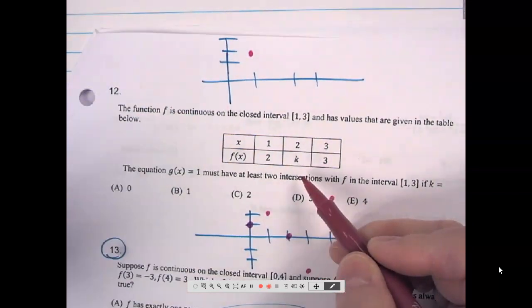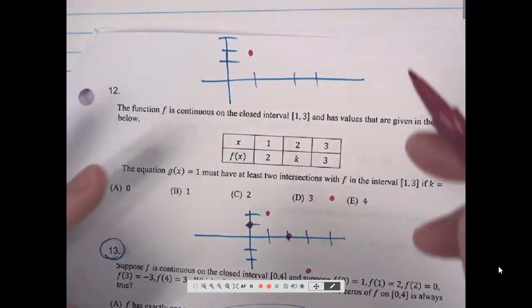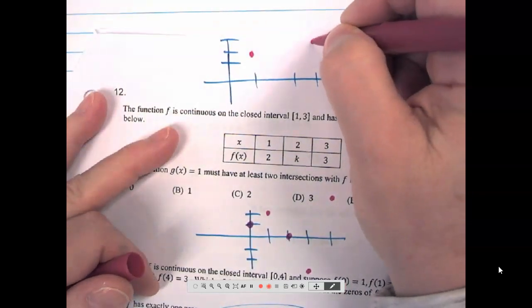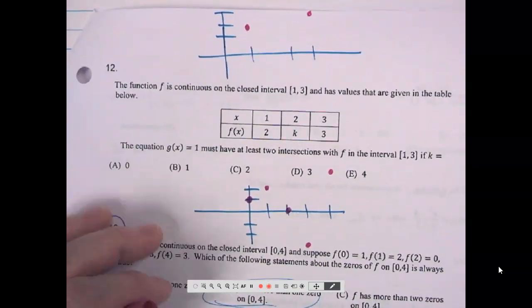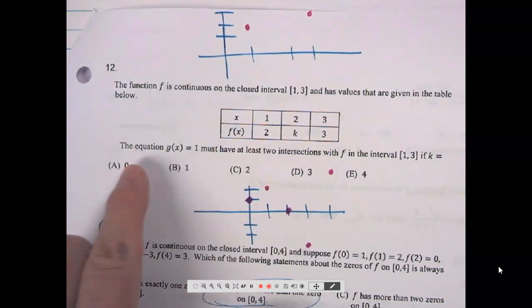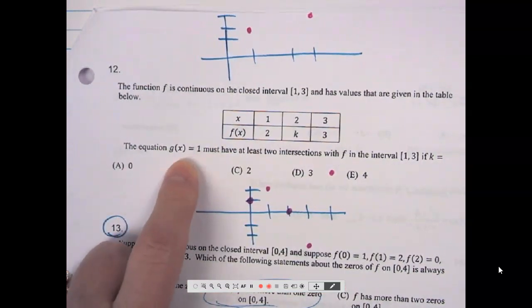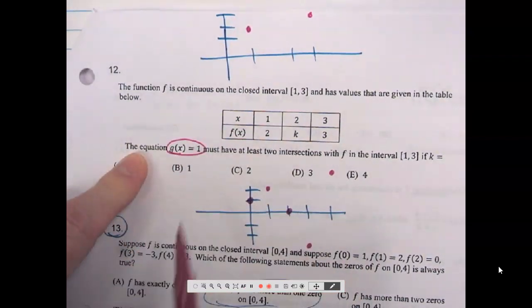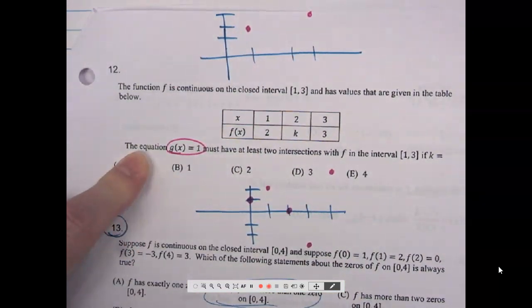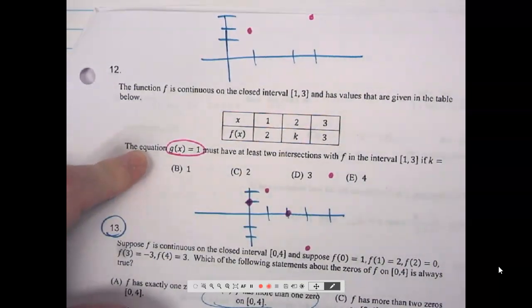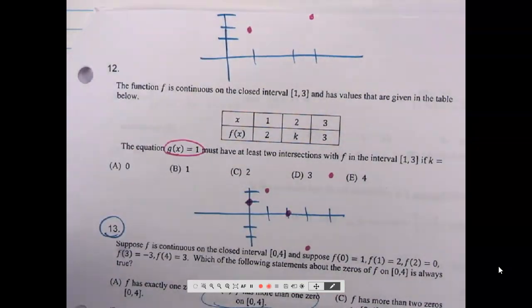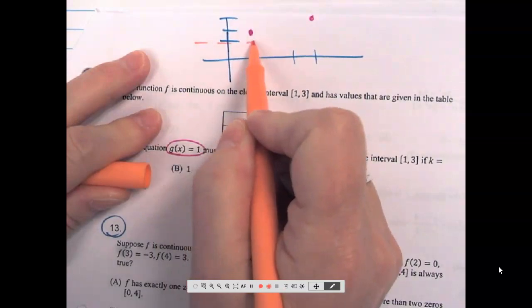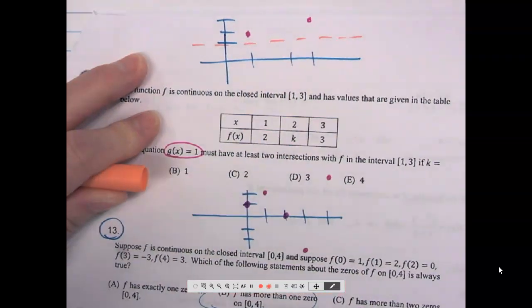I have a 0.2 something, some mystery number, and then the 0.33. Okay, so I know it's continuous. I want the equation g of x equals 1. What is this? Horizontal line y equals 1. Okay, so I have this horizontal line at y equals 1. Right there.